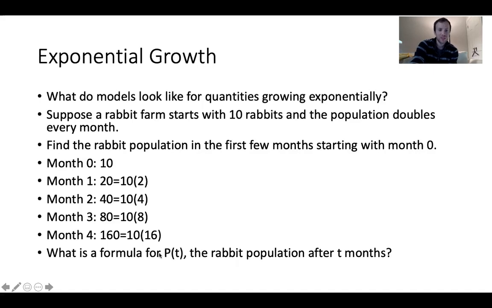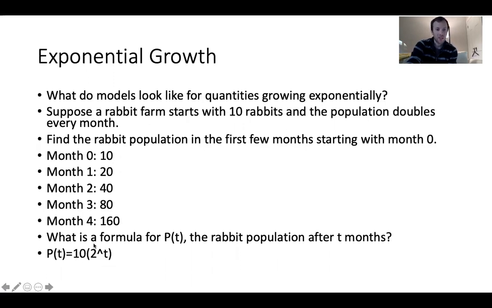If you want a formula for rabbit population after t months, you're looking for some kind of pattern. And what we notice is in each of these, there's this 10 that we started with, and then these powers of 2. You could even think of this 10 here as 10 times 1, or 10 times 2 to the 0.